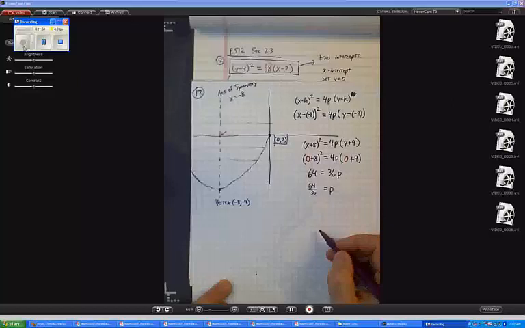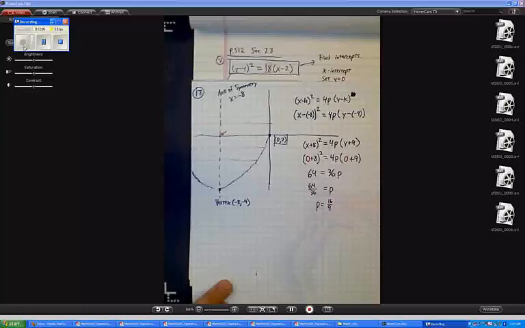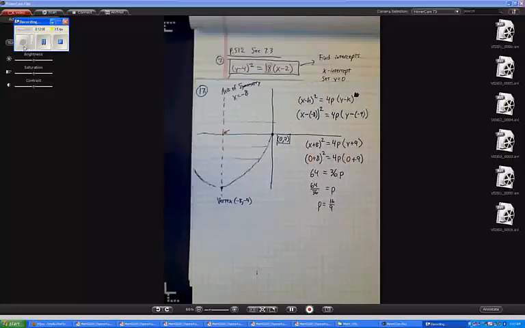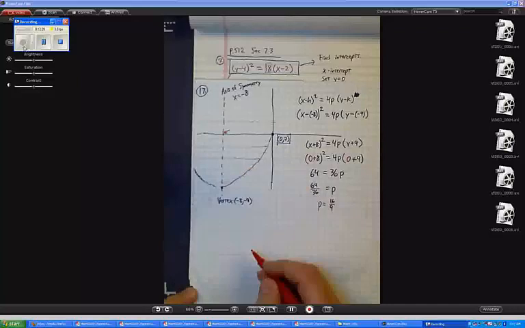I can simplify that by dividing top and bottom by 4, and I get 16 ninths. So that's my focal length, 16 ninths. What's that mean? That means my focus is going to be 16 ninths higher than this vertex.